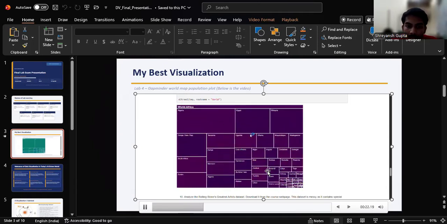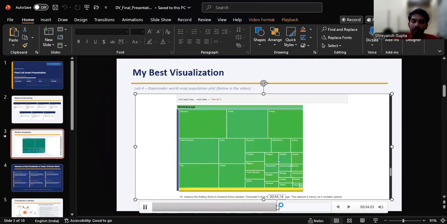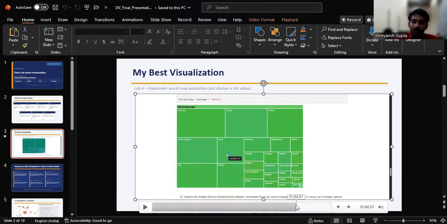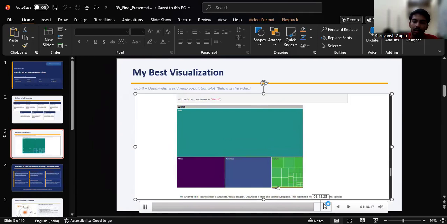Now Nigeria's population is showing, Uganda's population, then Ethiopia's population. Like that, hovering over all the countries, we can see the population. And it is interactive like this. Now this time some other continent, this time Australia, New Zealand.